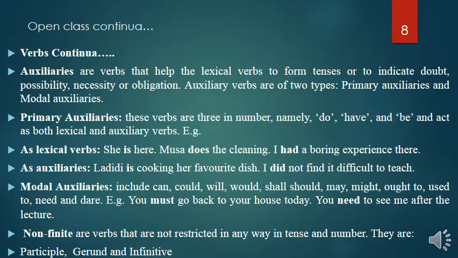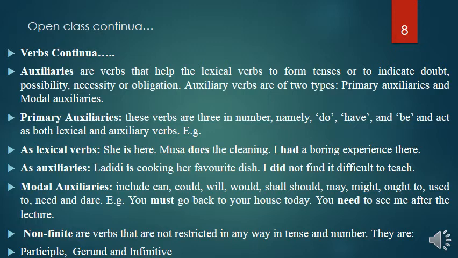So here the auxiliary verb is is because it is helping the verb cooking. Cooking is the lexical verb, and the auxiliary verb here is helping cooking to have a kind of concord. As I said, there is primary auxiliaries and modal auxiliaries. The modal auxiliaries include can, could, will, would, should, and so on.